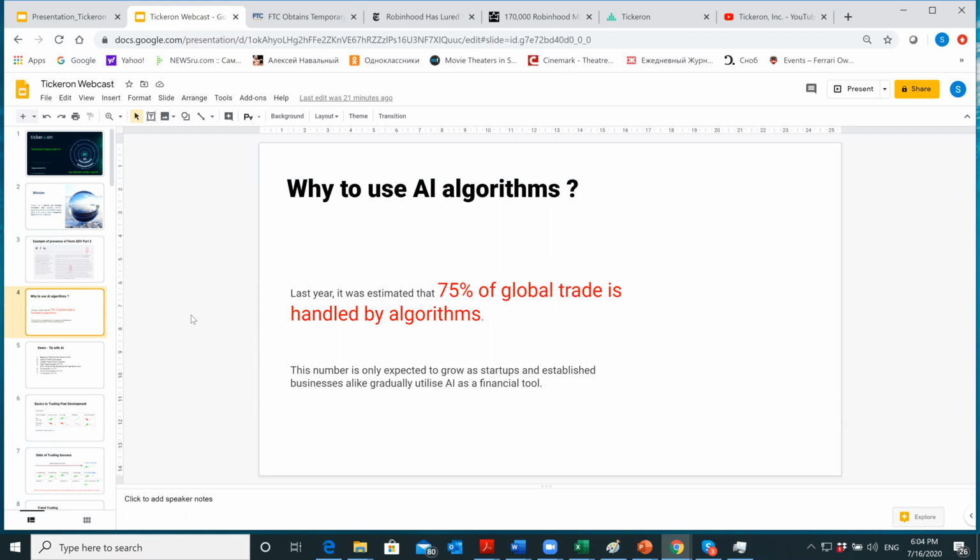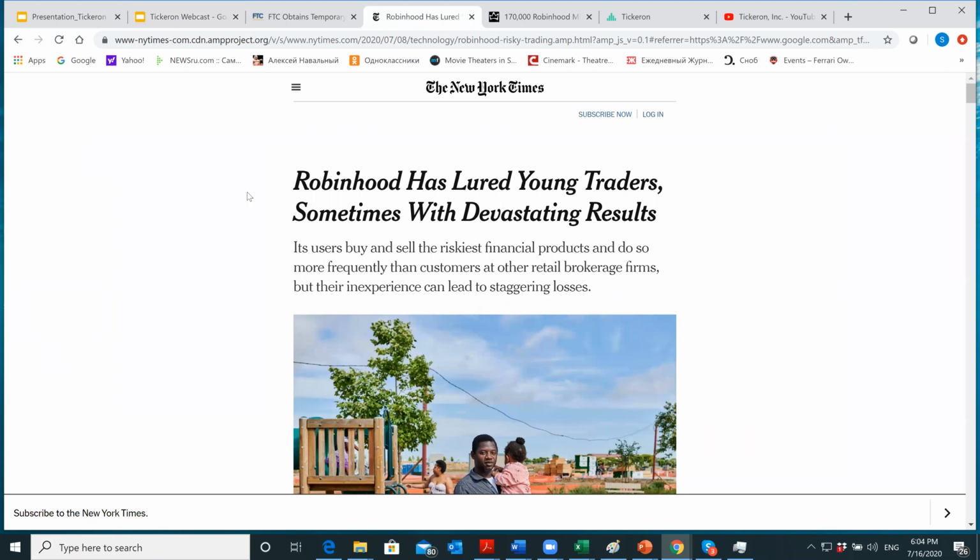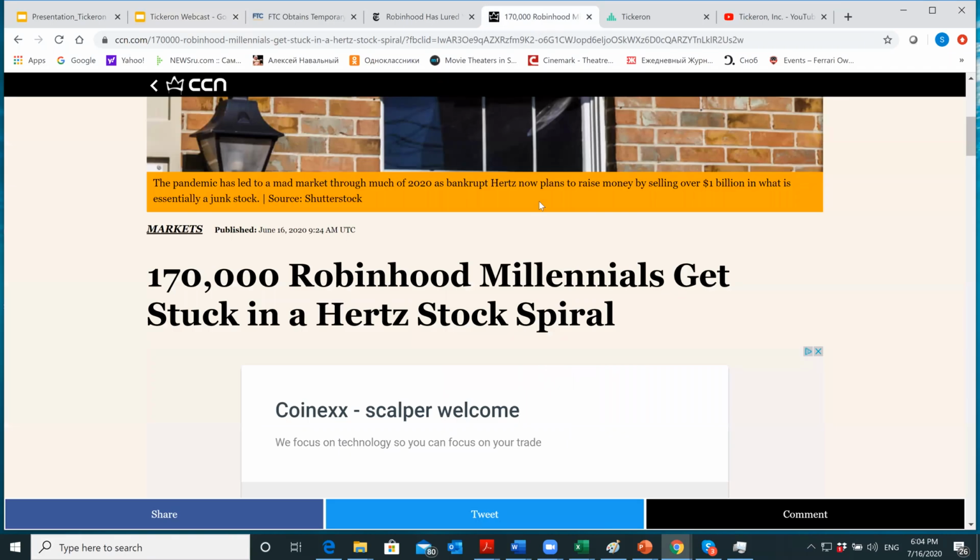So where you can get caught, here's an example. You see Robinhood lures a lot of young traders with devastating results. What are the devastating results? For instance, there's another article, also June 16: 170,000 Robinhood millennials get stuck in the Hertz stock spiral.